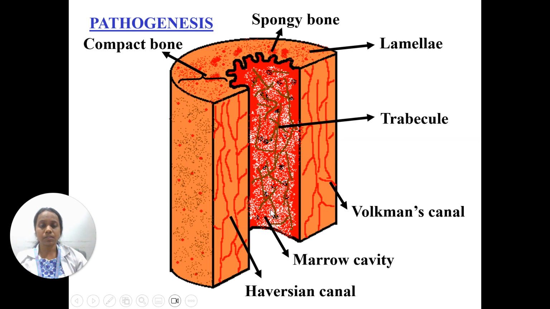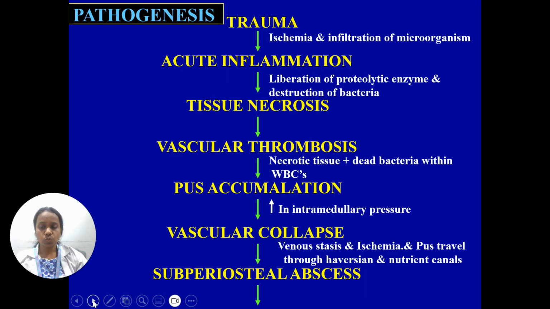As has been discussed, the infection reaches the marrow cavity through the trabeculae, through the Volkmann's canal and the Haversian canal, and reaches the subperiosteal region. In pathogenesis, trivial trauma could also lead to ischemic changes and infiltration of the microorganisms.